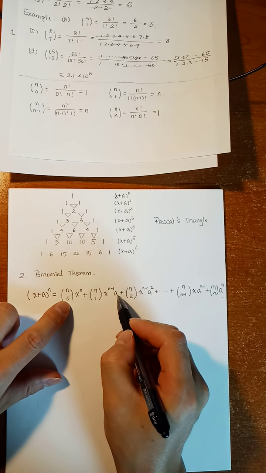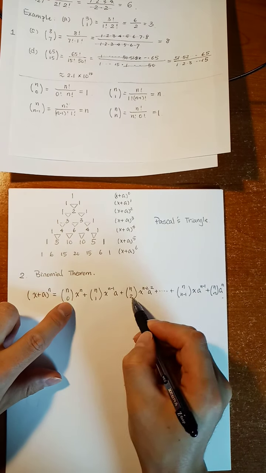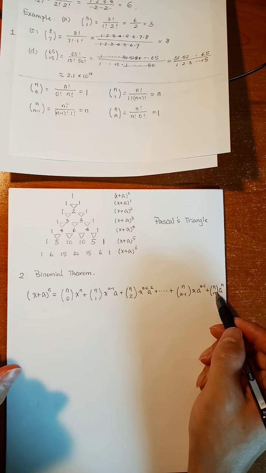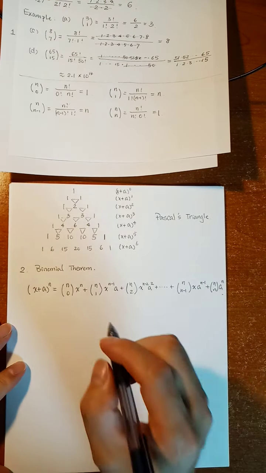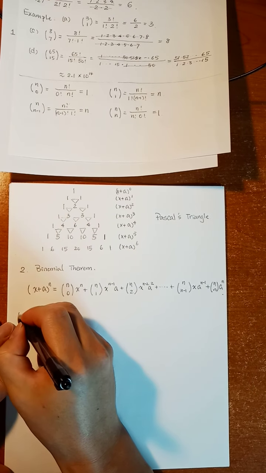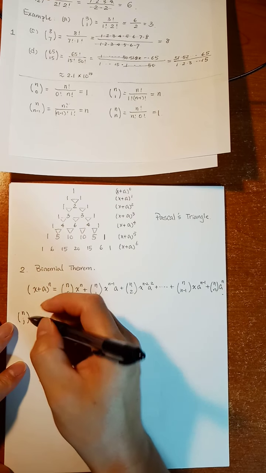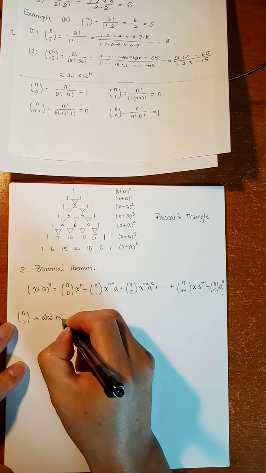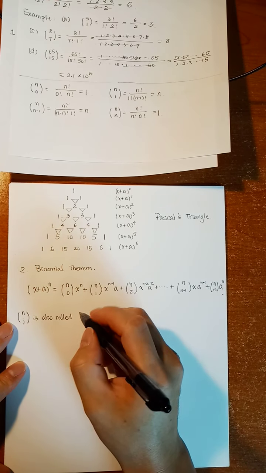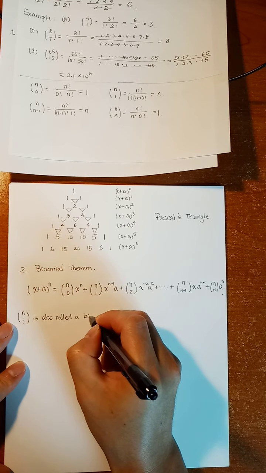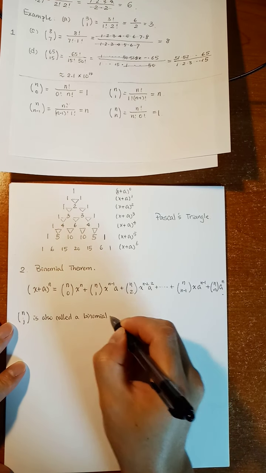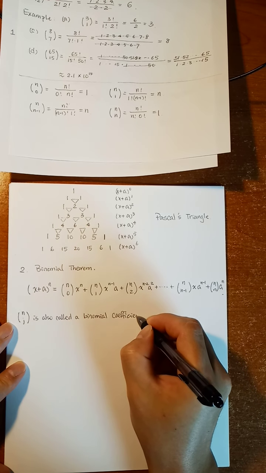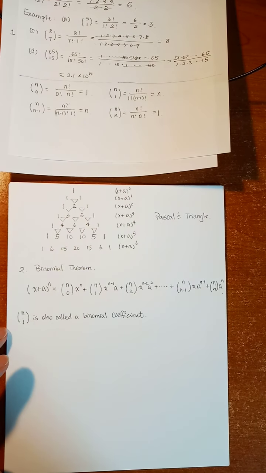Here there's no a. Here's 1 a, 2 a's, n minus 1 a's, or n a's. Okay. And because of this, n choose j is also called the binomial coefficient.